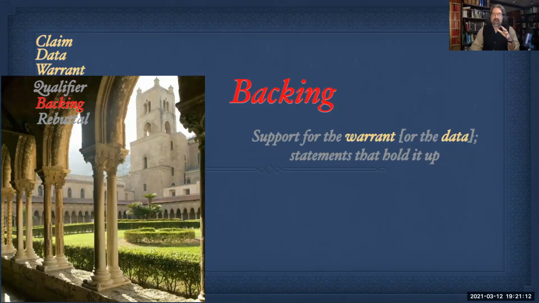Generally, backing is essentially any kind of support for the warrant or the data. It's any kind of statement you offer that reinforces, that shows that this is a reasonable position. Backing picks up data, or especially the warrant, and talks about it in a way that reinforces it.